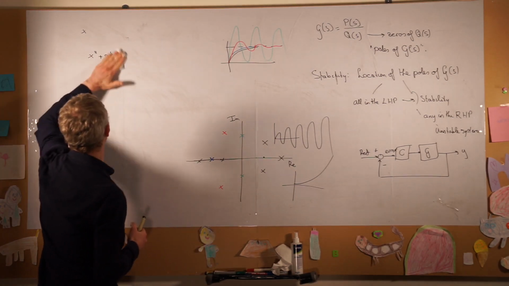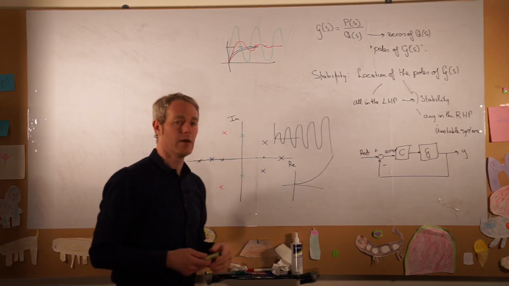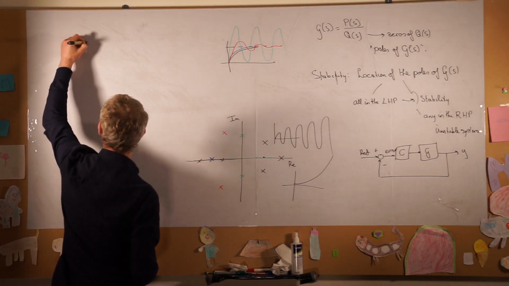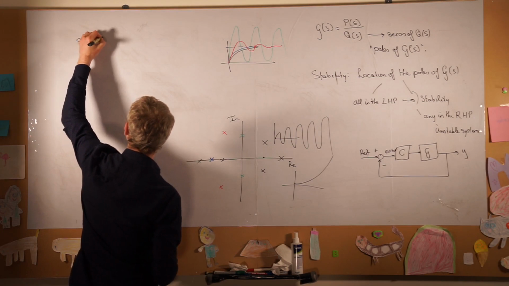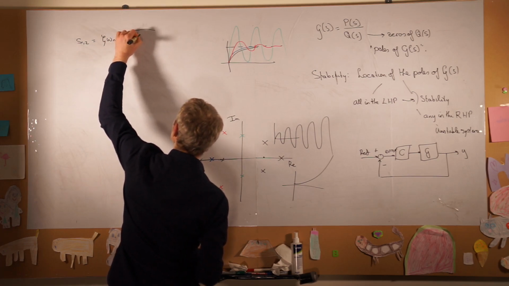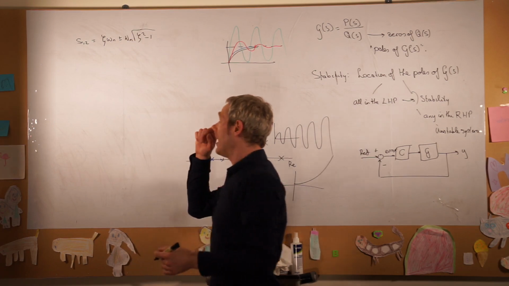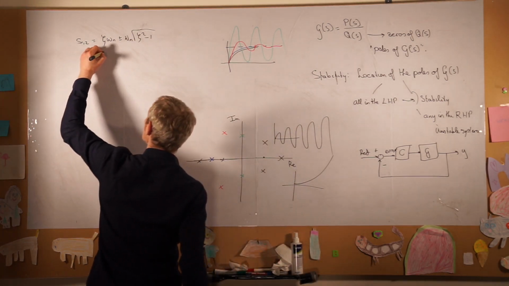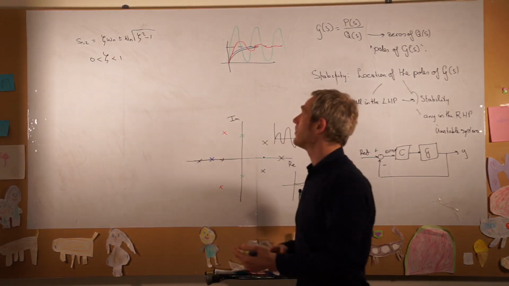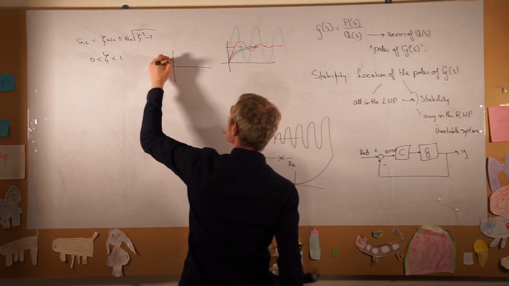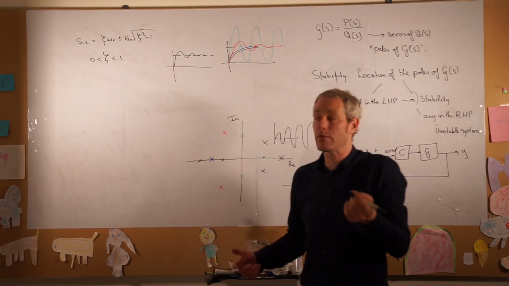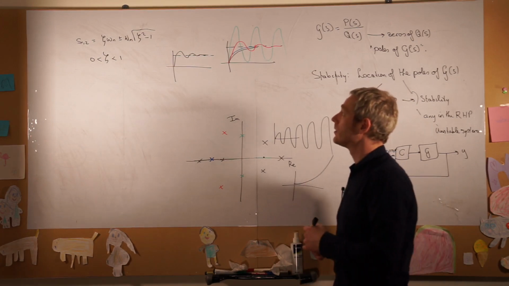Now, if we look at the solutions of the denominator, so we had s1,2 equal to minus zeta omega n plus or minus omega n times the square root of zeta squared minus 1, and we have that zeta is between 1 and 0, so this is our underdamped case, which has behavior where if we apply a set point, it will show some oscillation around some limit, but the oscillations damp out.